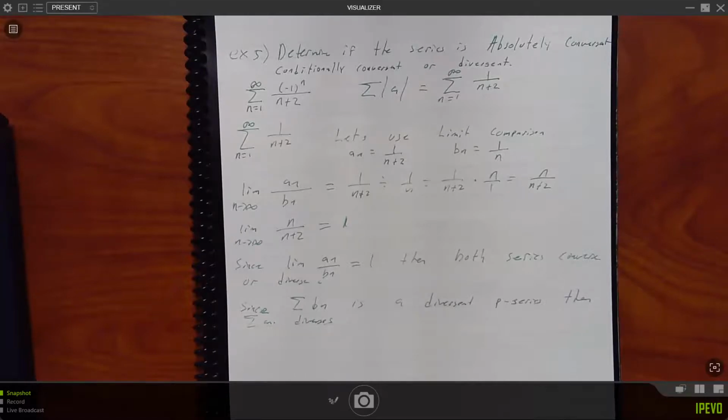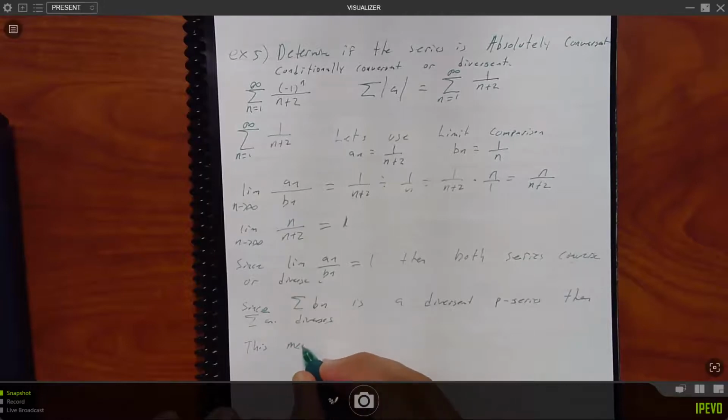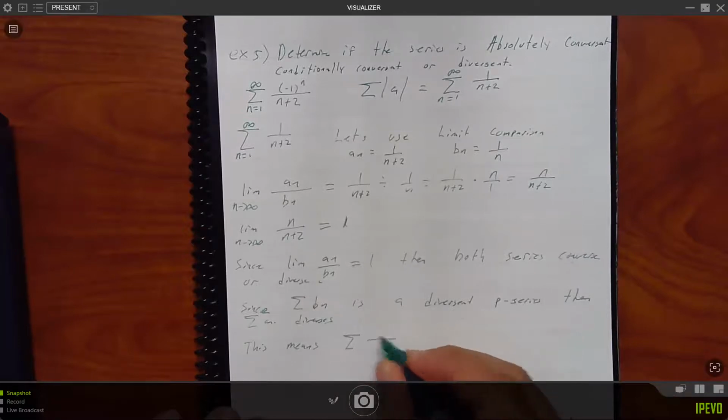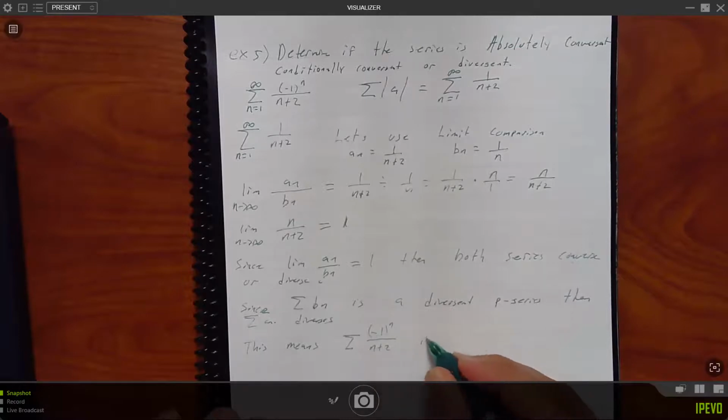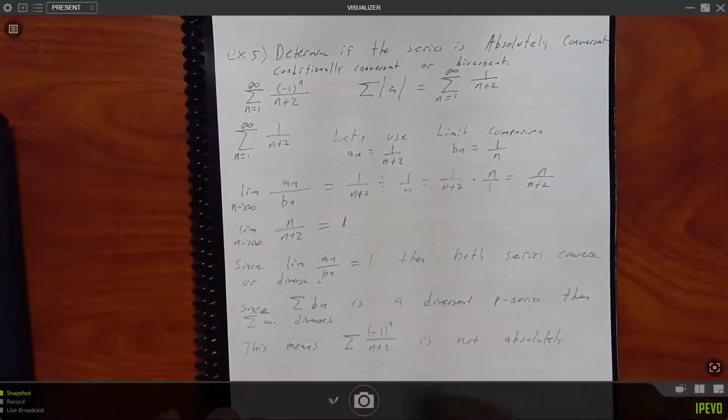So the alternating stuff makes it harder, basically. So this means it is not absolutely convergent. So we must check the conditions.